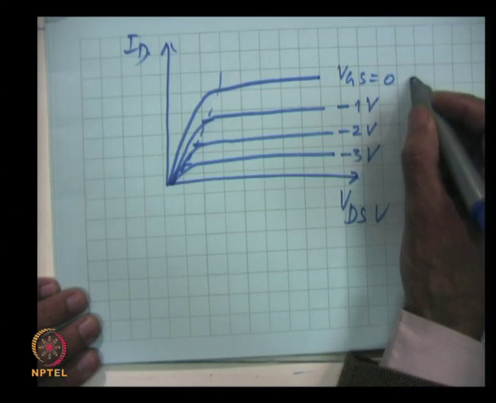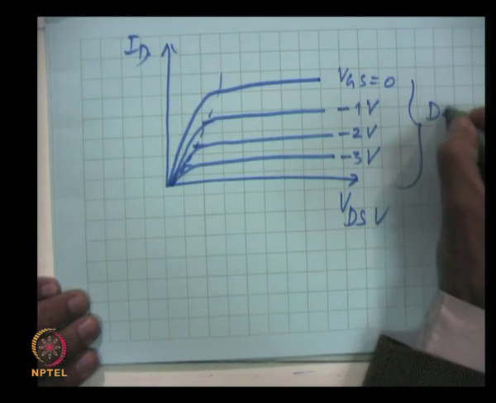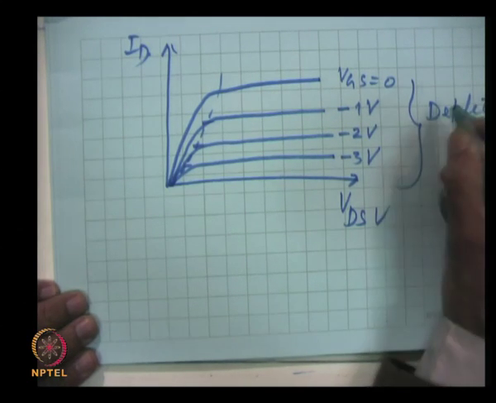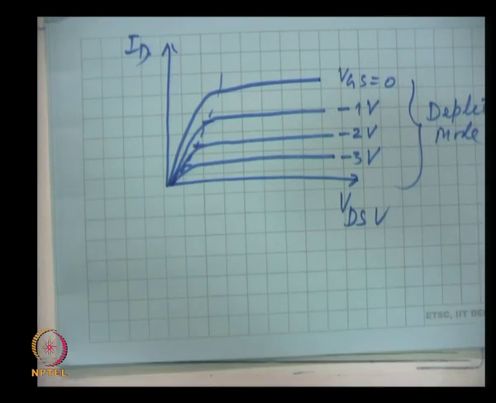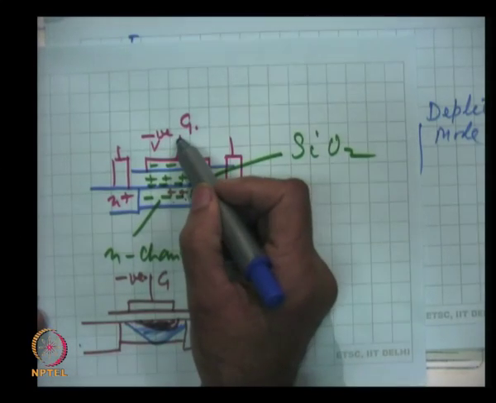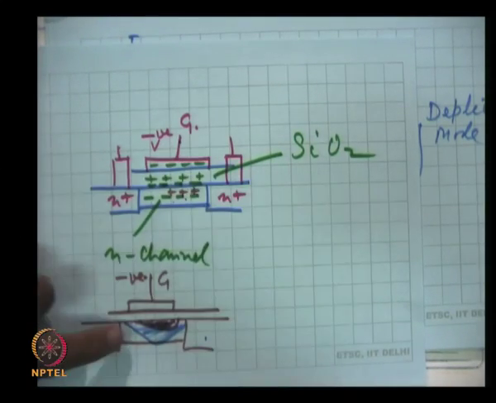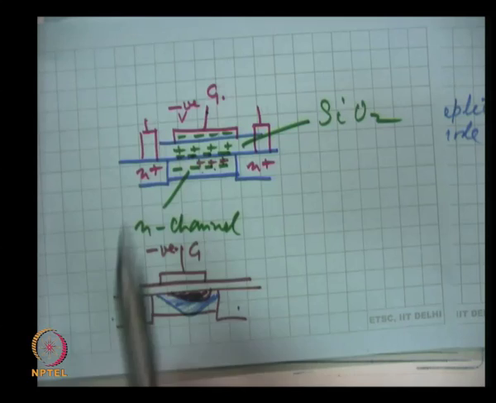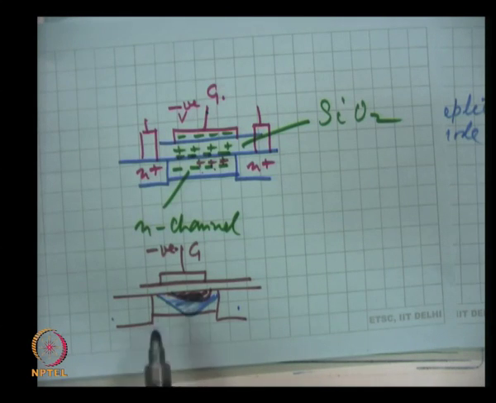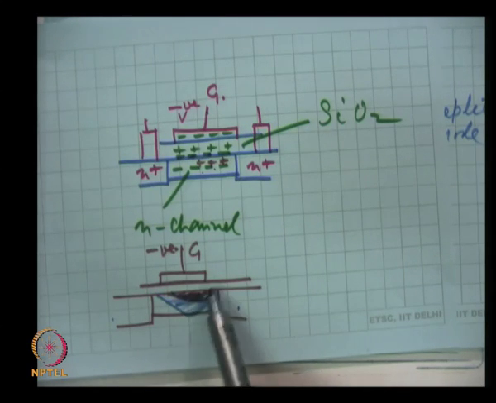This is the depletion mode for the device. Now, if I give a positive voltage, if you have followed this, the negative voltage induces a depletion region, because positive charges will be induced in the channel, and that will take some of the negative mobile charges of the channel, and hence the conductance will fall.